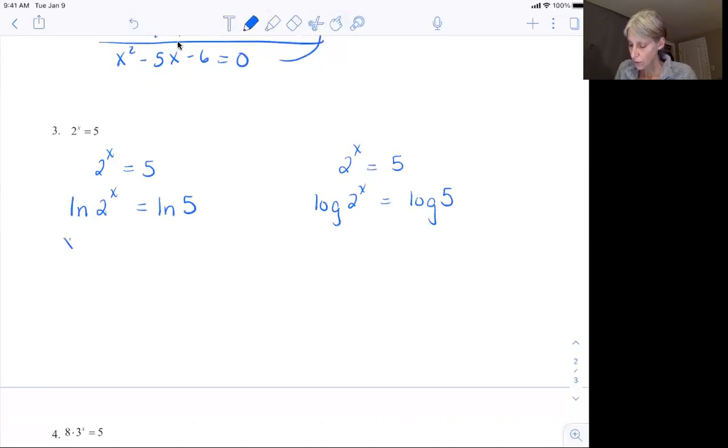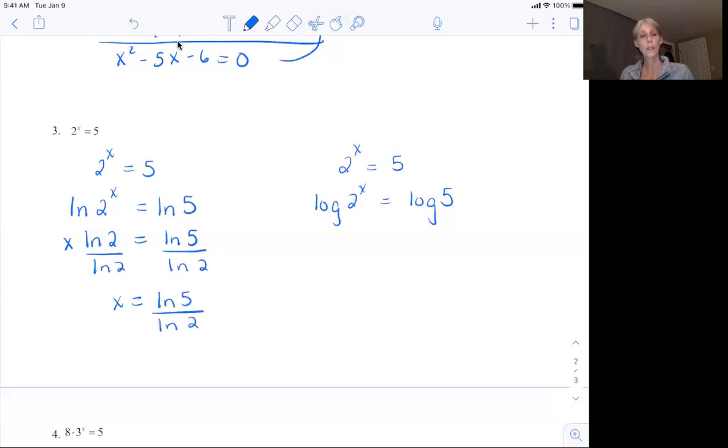Bring your power down in front. x ln of 2 equals ln of 5. To get x by itself, we're going to divide by ln of 2. So x is really going to be ln of 5 divided by ln of 2. Okay. You don't cancel the ln's. It's not 5 halves. It's the ln of 5 divided by the ln of 2.